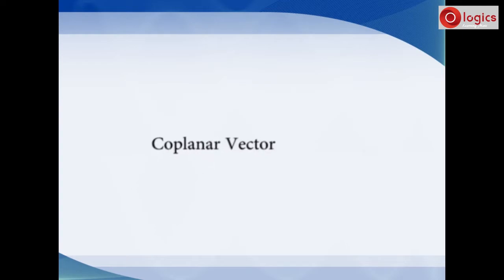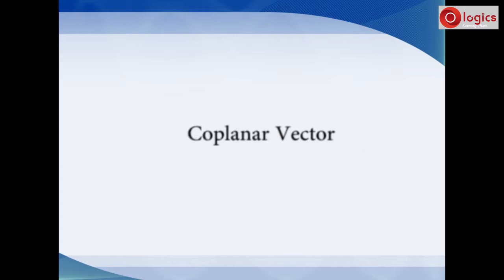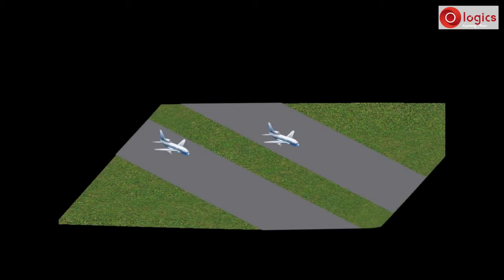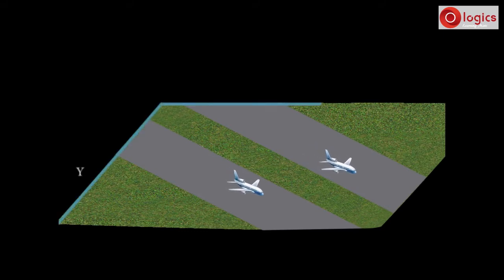Now, let us see what is coplanar vector. So far, we have seen different types of vectors without referring to the xy plane. Now, let's understand about coplanar vectors. These are the airplanes moving on the runway. This is the xy plane.